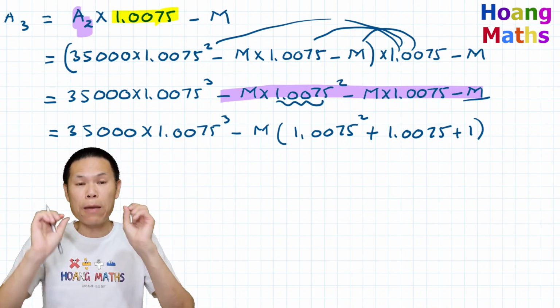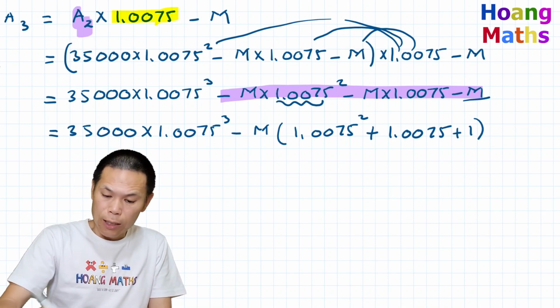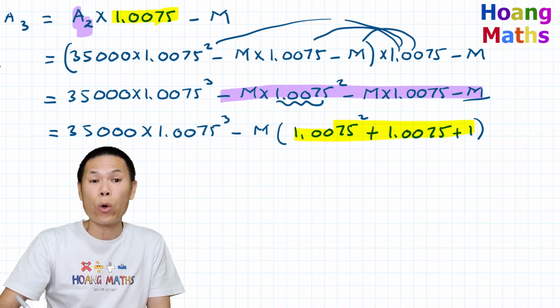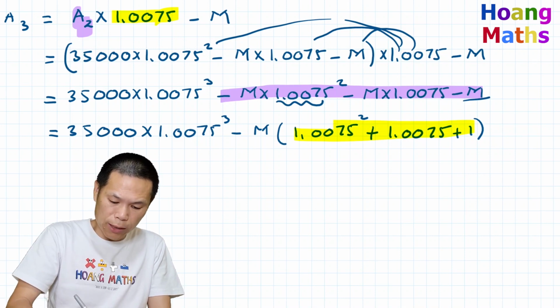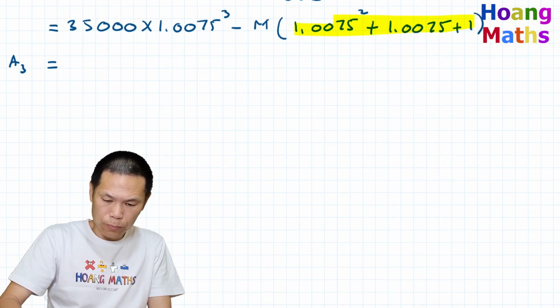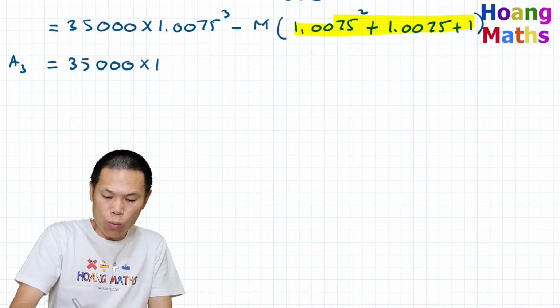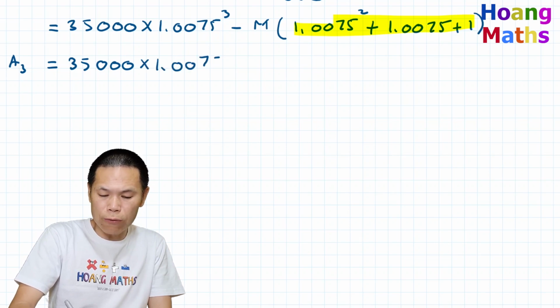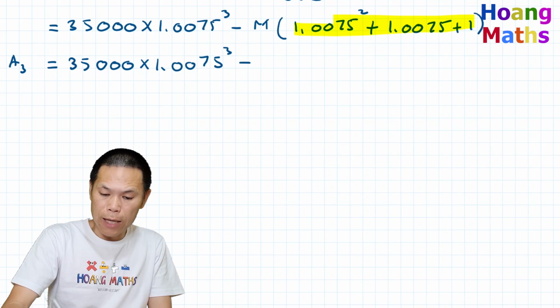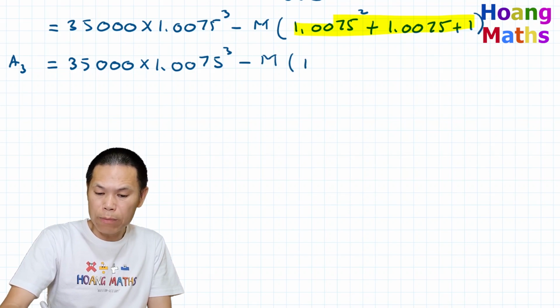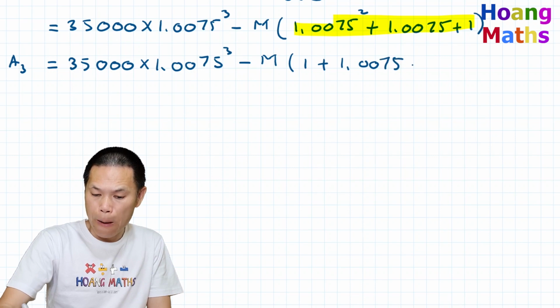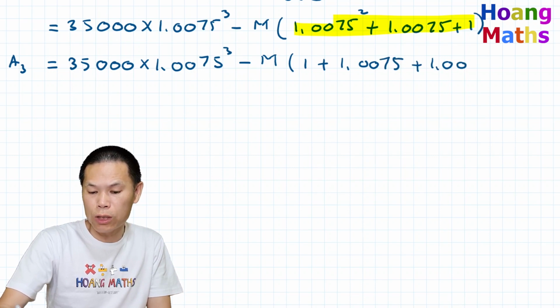So there you go. Let me just write this series here in ascending order. So let me rewrite this. A3 is equal to 35,000 times 1.0075 power 3 minus M, 1 plus 1.0075 plus 1.0075 squared.